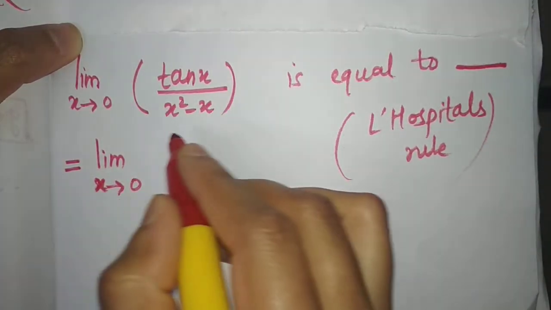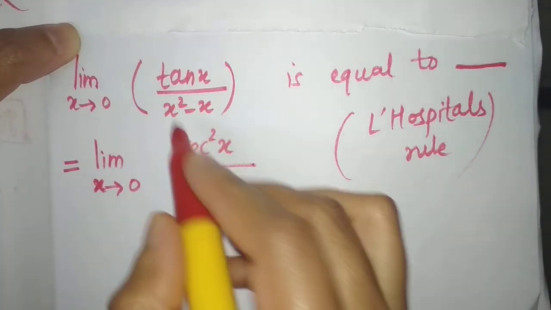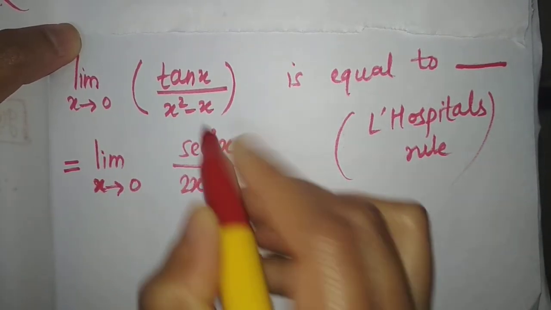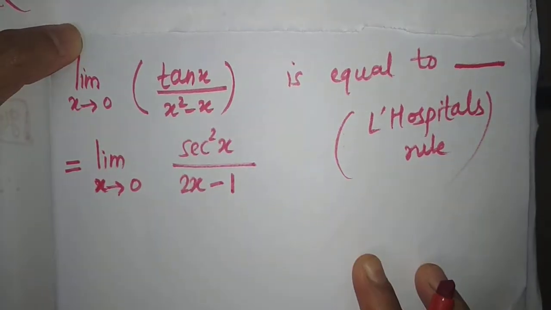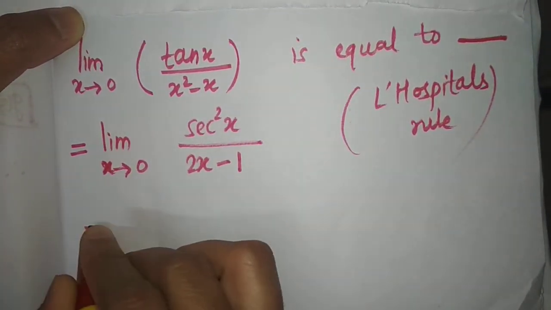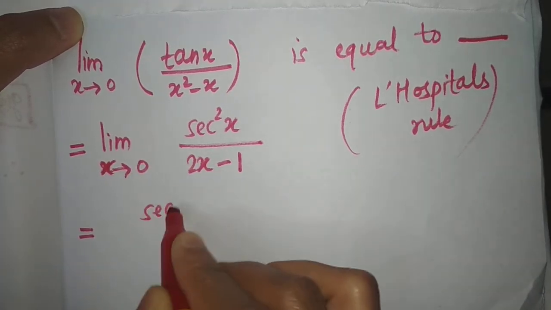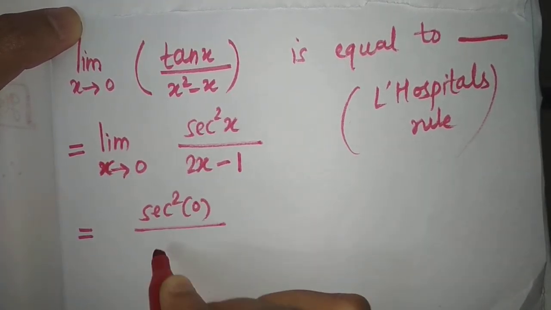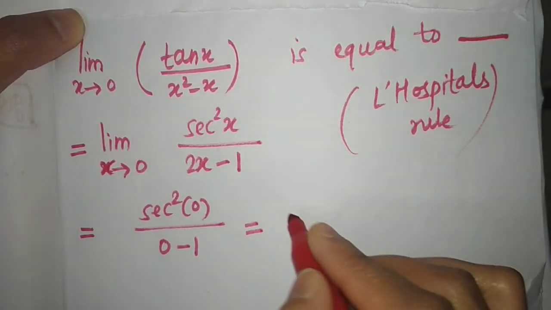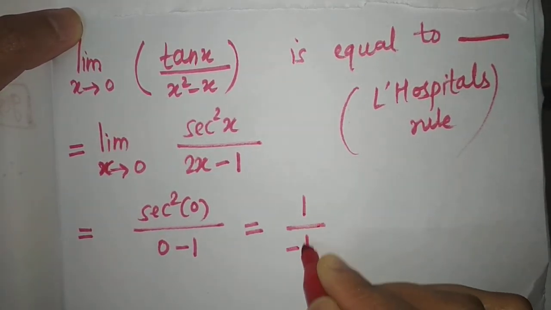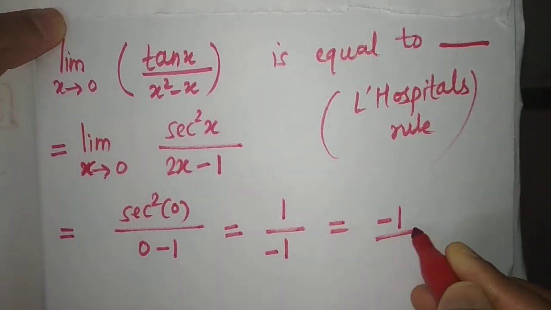So the derivative of tan x is sec square x, the derivative of x square is 2x, and the derivative of x is 1, and the minus sign is as it is. Now you put the value of x, so it is sec square 0 divided by 0 minus 1, because 2 into 0 is 0, and sec square 0 is 1, divided by 0 minus 1, which is minus 1.